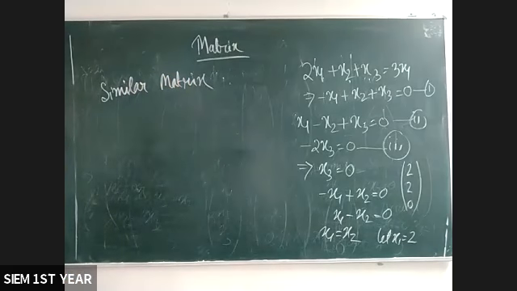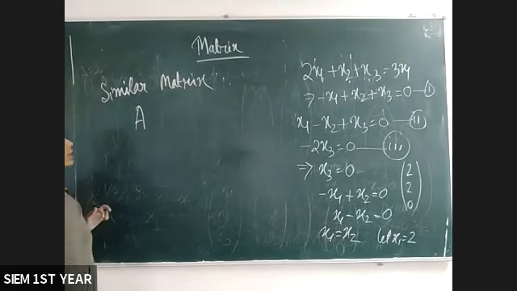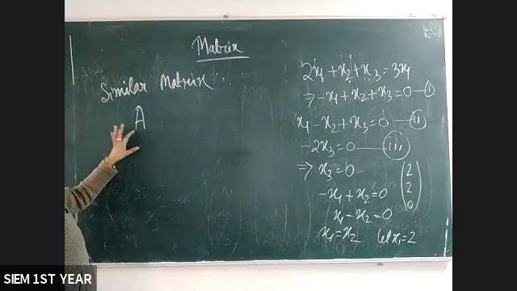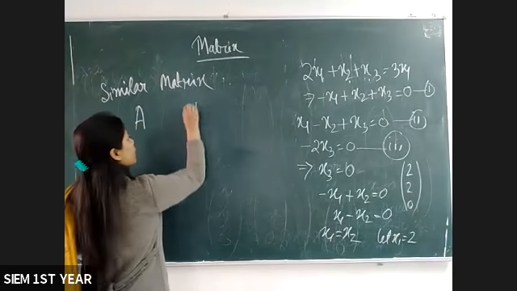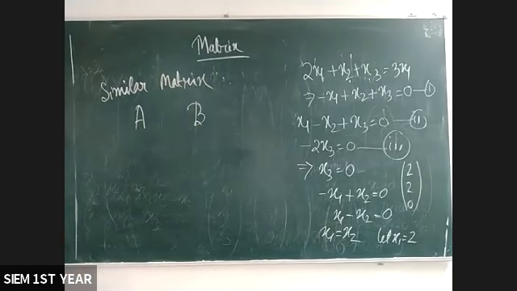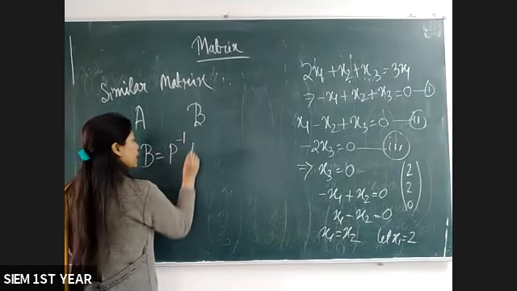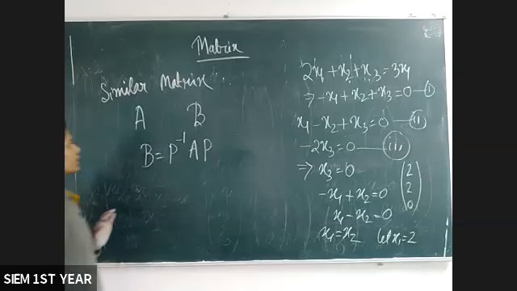What is a similar matrix? Suppose A is a square matrix of order n. Then we can say A is similar to another matrix B of order n, if there exists a non-singular matrix P such that B is equal to P inverse A P. So what is the condition?